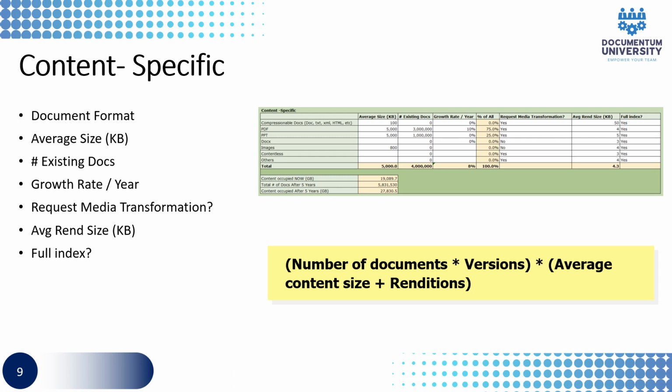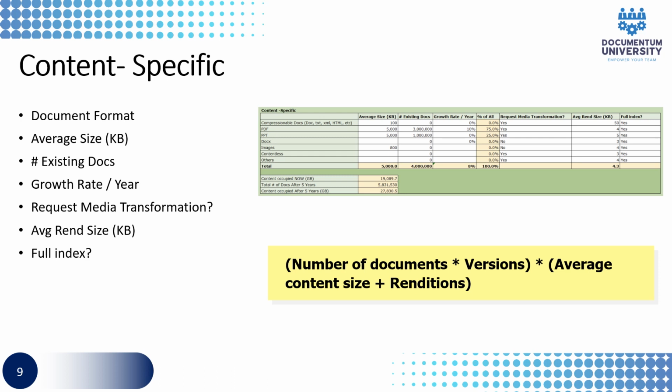The average rendition size parameter is crucial when estimating the amount of storage space required for Documentum. Renditions refer to the various formats of a document that are stored in the system. The average rendition size is the average size of a specific format of document that is stored in the system. It is crucial to have an accurate average rendition size as it is a significant factor in determining the total storage space required for your Documentum system.